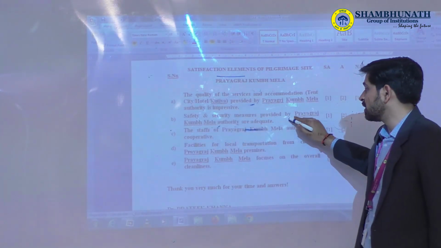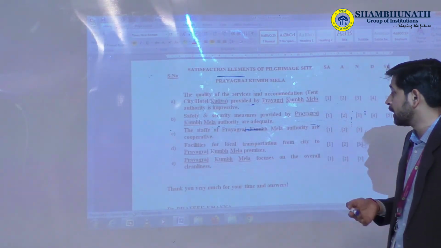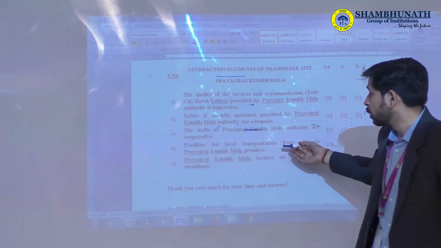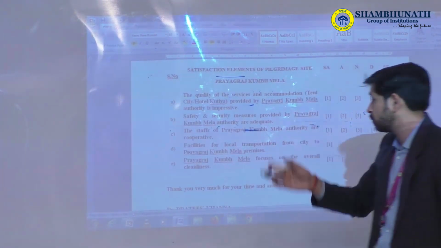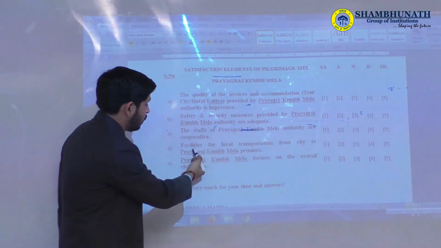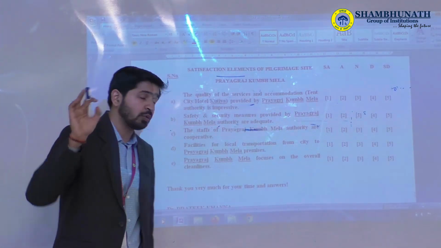Safety and security measures provided by the authority. The staff of the authority are cooperative or not. Facilities for local transportation, meaning the whole transportation. So you have to rate facilities for local transportation from the city to the Prayagraj Kumbh Mela premises.